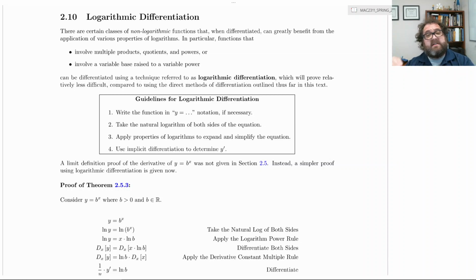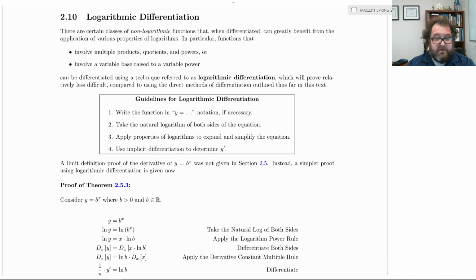The next step is to take the logarithm of both sides, generally the natural logarithm, since that's the easiest one to work with in terms of differentiation. Then apply properties of logarithms to expand the expression, to rewrite it, then differentiate according to the guidelines of implicit differentiation, because we will have an implicit function at that point.